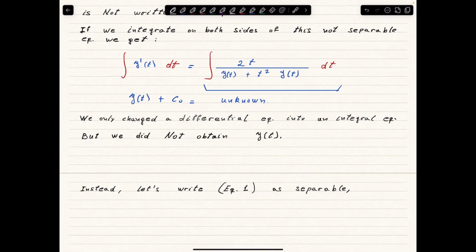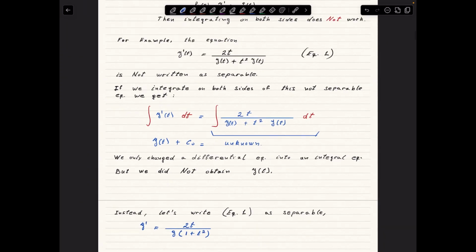So we can write y prime equal, and we have 2t, and now we pull common factor in the denominator, the factor y, multiplied by 1 plus t squared. This is what happens when we pull common factor y. We get the 1 plus t squared.